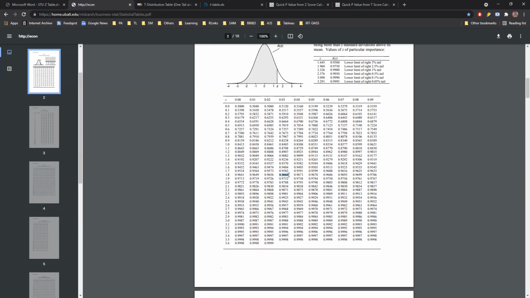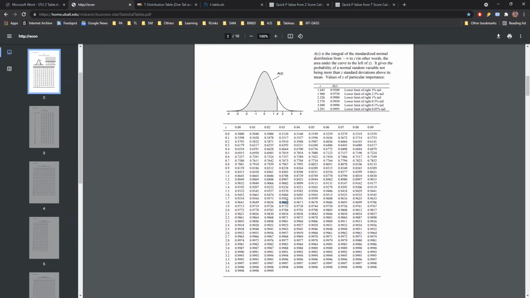What this value 0.9664 tells us is the probability of a value falling in the shaded region. That is the acceptance region, not the critical region. If you subtract this value from the entire area, which is 1, so 1 minus 0.9664, we will get the white region, which is the critical region, and that would be our p-value.